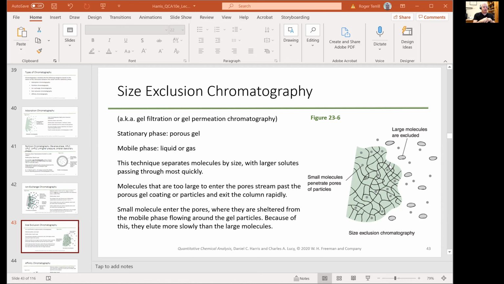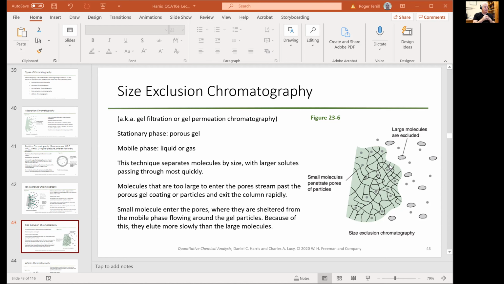Then you put your molecules through the goo, and the goo will entrain the smaller molecules, but the larger stuff goes through. So you get this reverse molecular weight thing where the large molecular weights come out first and then the small ones come out, and it's pretty weird.